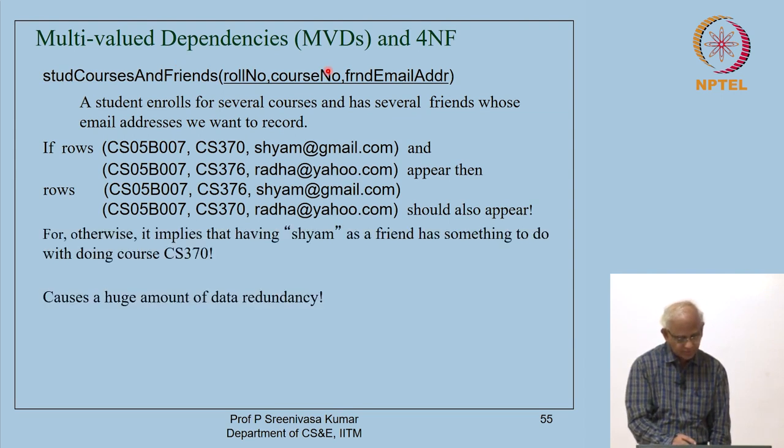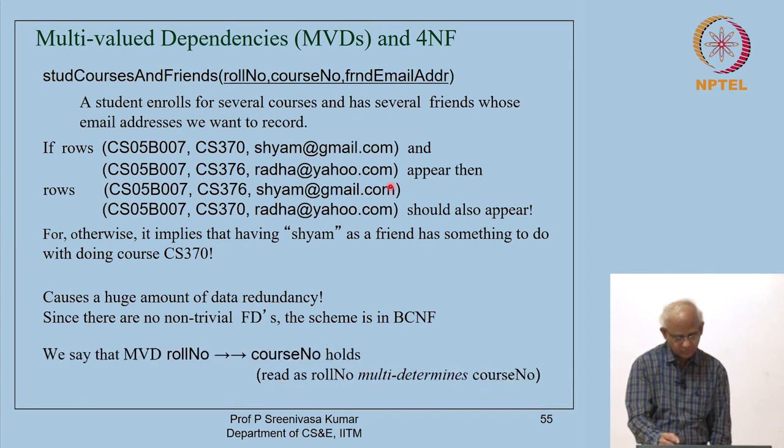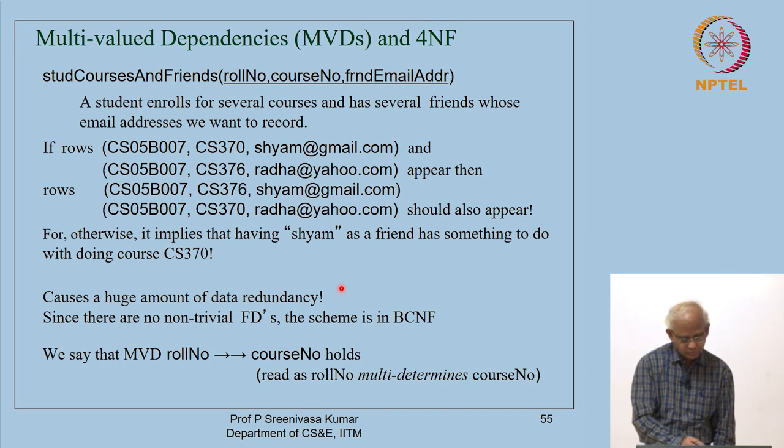Before we formally define them, let me show some more examples. Actually, I will define them informally like this now: whenever we have two tuples of this kind, we are forced to have the other two tuples where I swap the values of the third column.